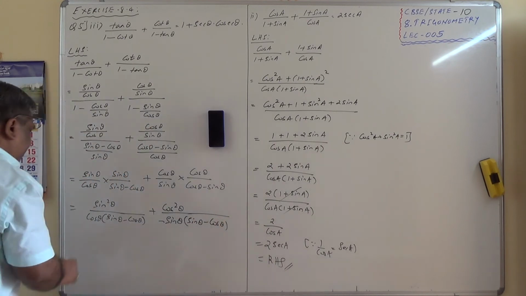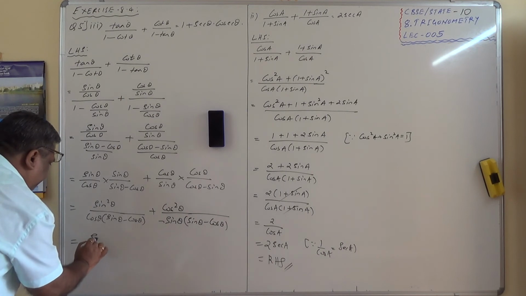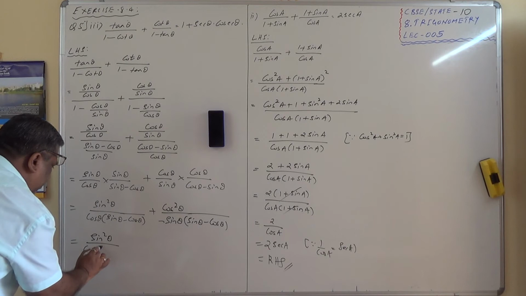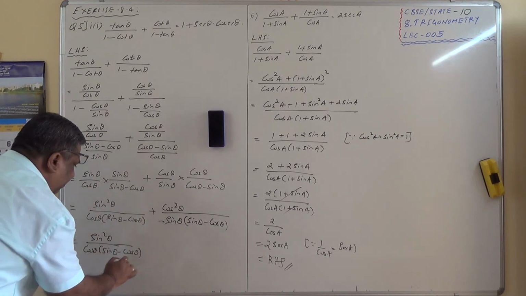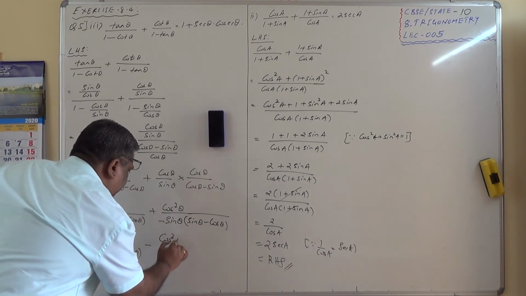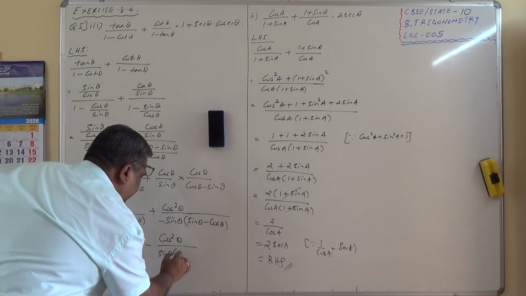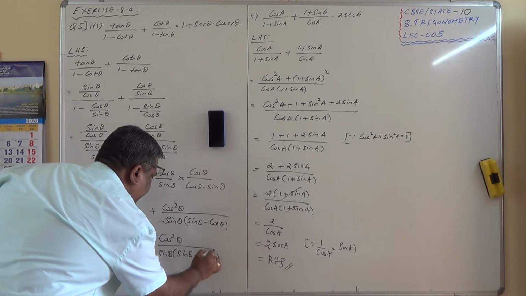Okay, so this minus will get multiplied over here: sin square theta by cos theta into sin theta minus cos theta, minus cos square theta by sin theta into sin theta minus cos theta.